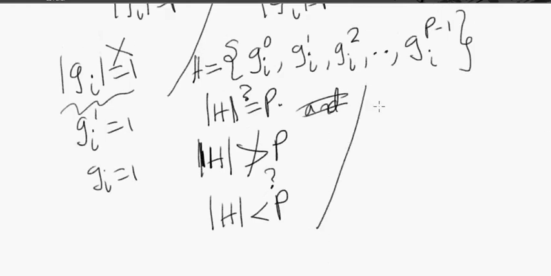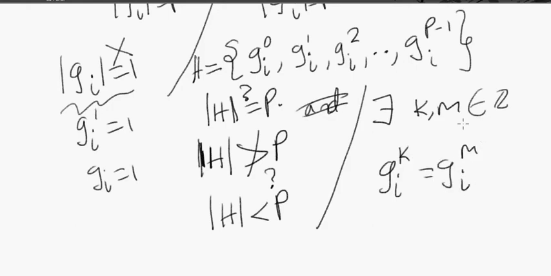What would it mean for the order of H to be less than p? Would it mean that there exist some integers k and m such that g sub i to the k equals g sub i to the m? Here, of course, we're assuming that k does not equal m. That is, would saying that the order of H is less than p be the same as saying that there are at least two elements in H that are actually the same element?